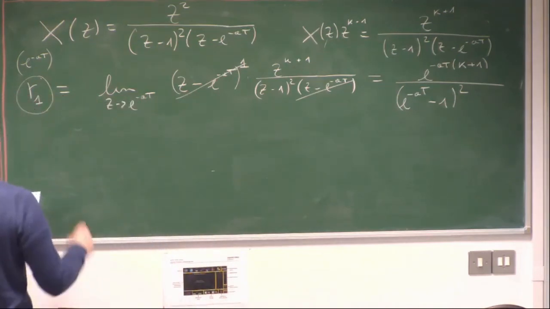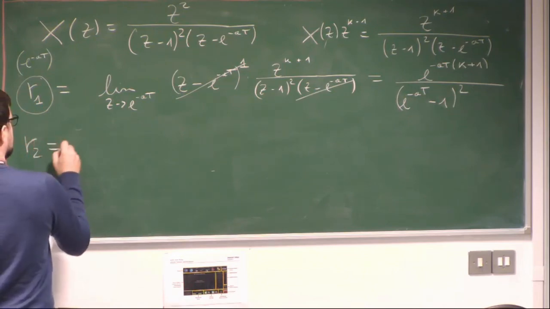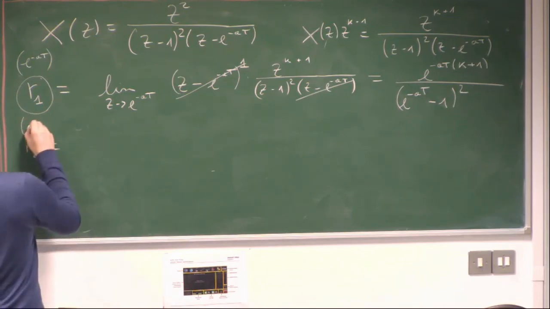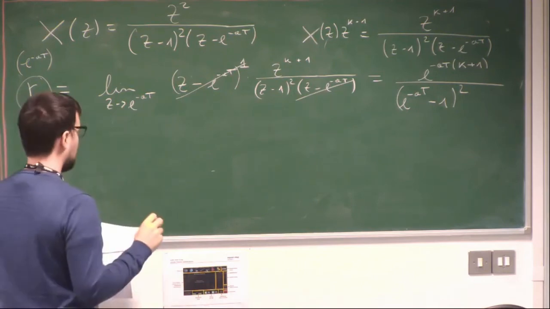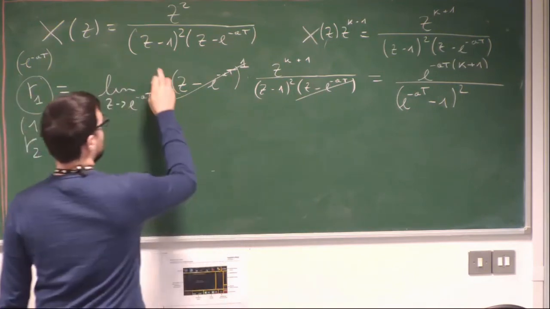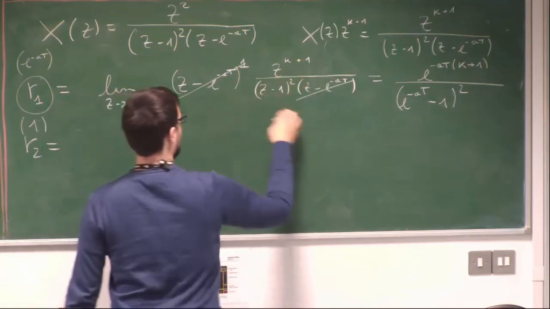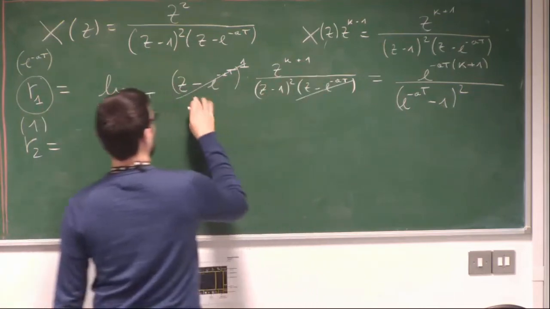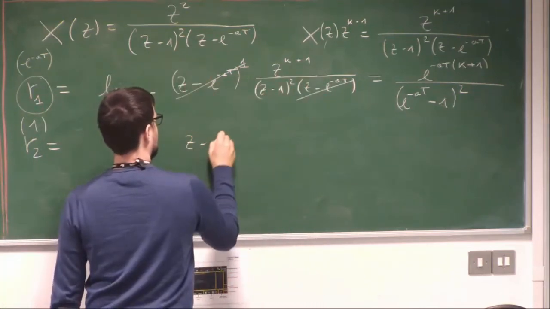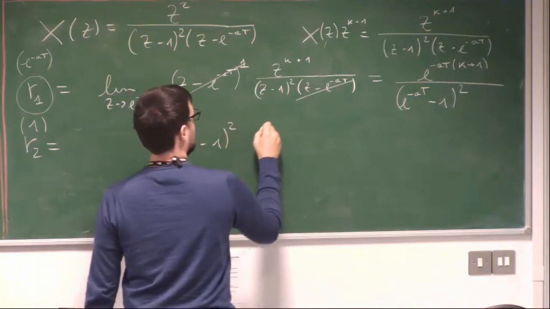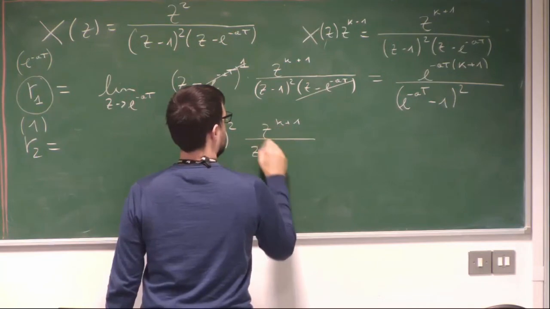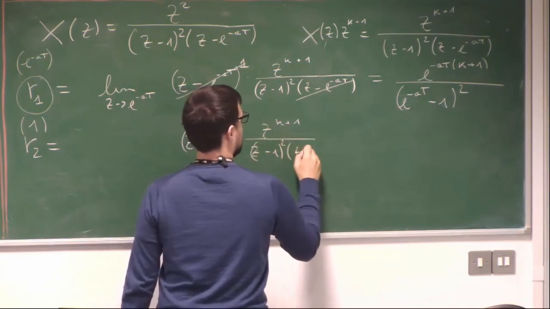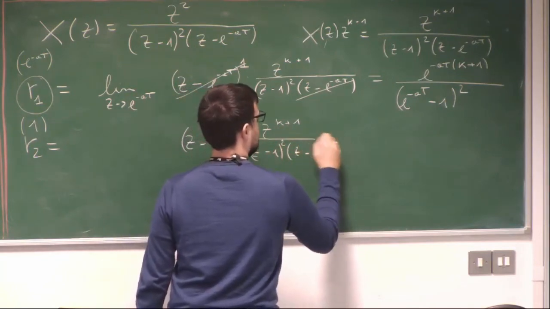Now let's compute the second residue. The second residue is the residue associated to the pole 1. Again, first we have to multiply the function by (z-1)^2, so (z-1)^2 times z^(k+1) divided by (z-1)^2 (z - e^(-at)).